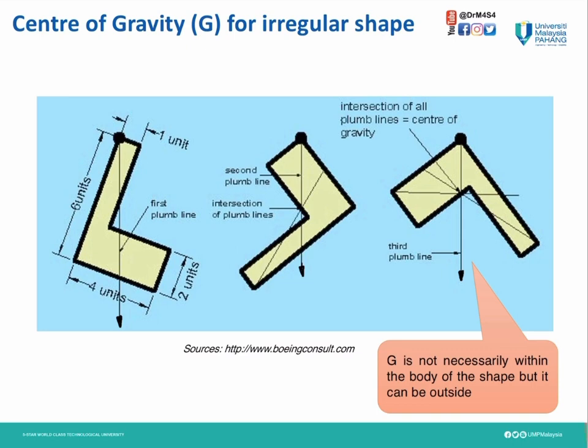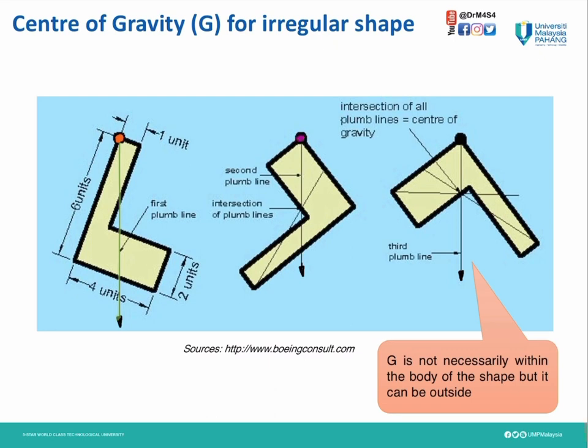First of all, hold at any point of your shape, then tie your plumb line. Once it's static and stable, draw a line through that plumb line. Next, you move to a second point.